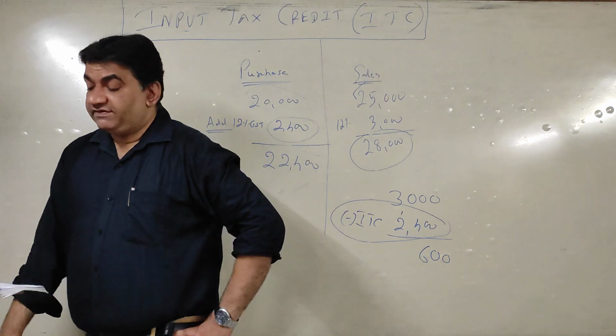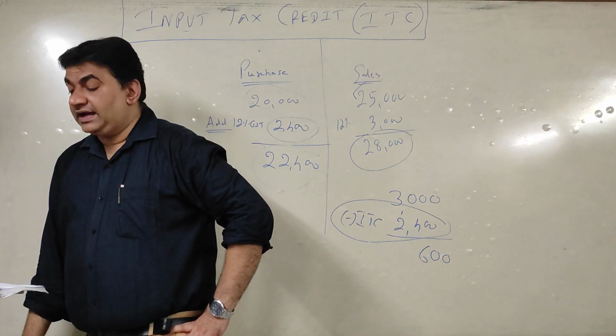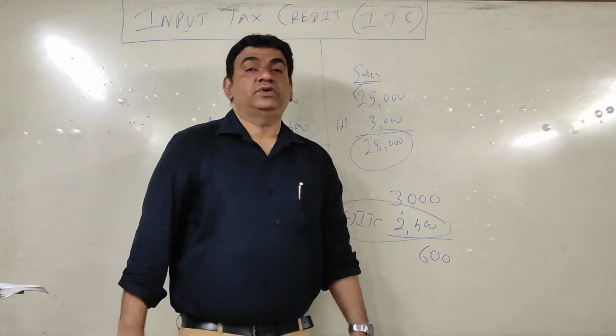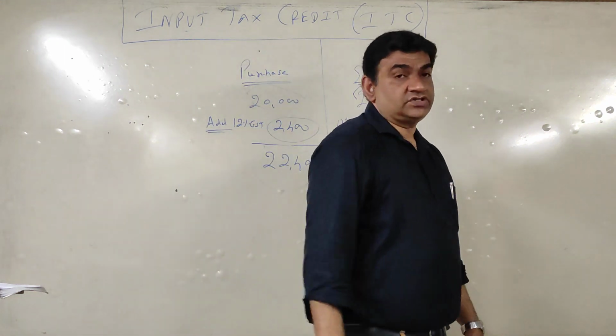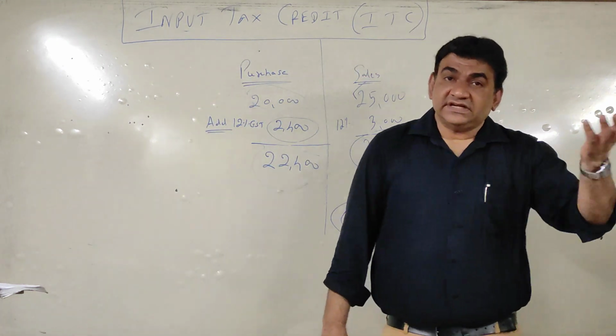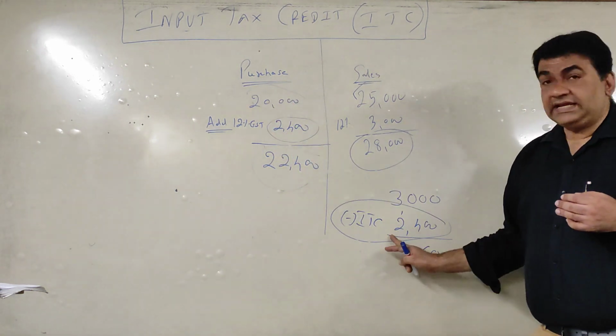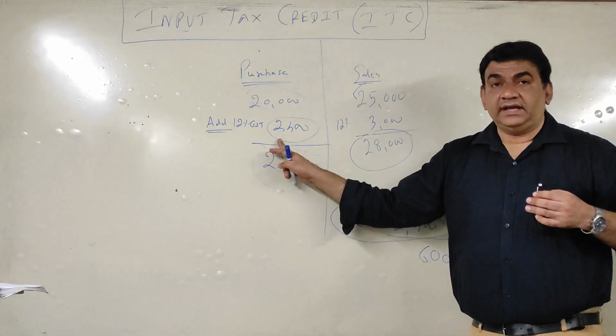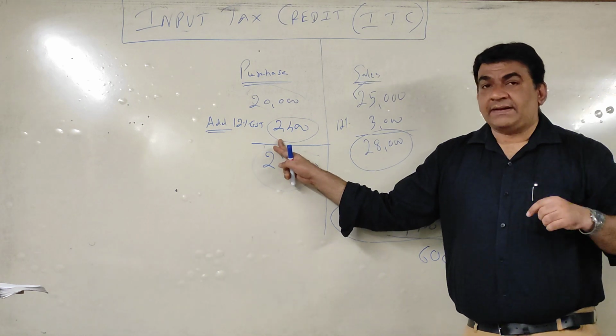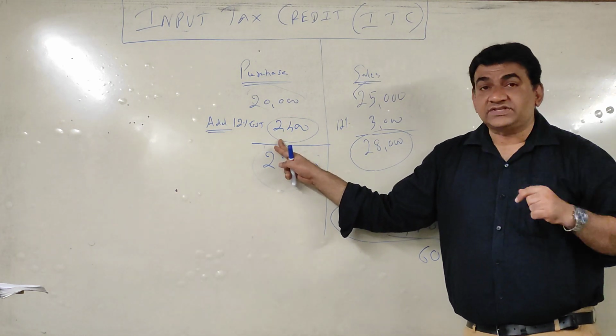Next, seventh, input service distributor. Input service distributor means a supplier of goods or services who receives a tax document. See here, you can claim this only when this is in a tax document. In the chapter on documentation, we discussed tax invoice.